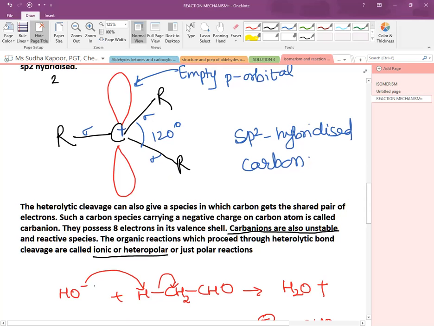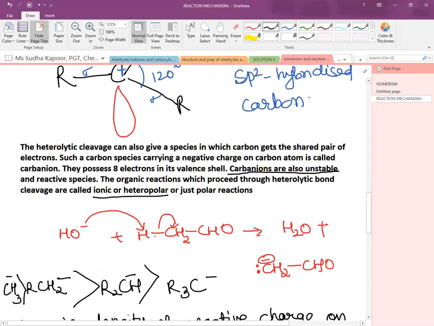So let us assume that a hydroxyl group attacks an ethanol part. The OH negative takes away this H and becomes water, and the bond is shifted on CH2, that is the carbon of the aldehyde, CH3CHO. So the carbon gets the negative charge on it, and it will be known as the carbanion.